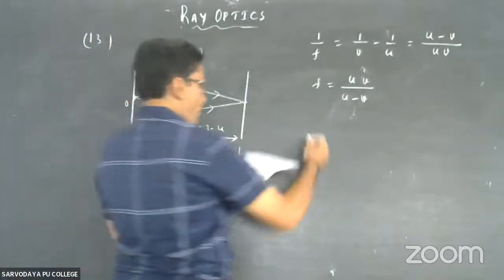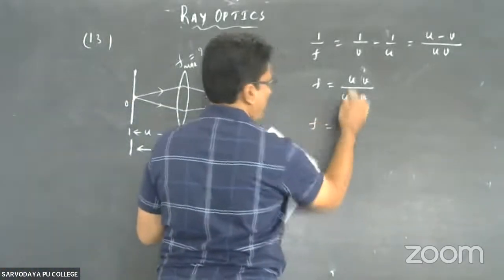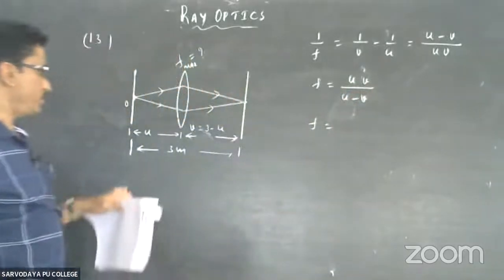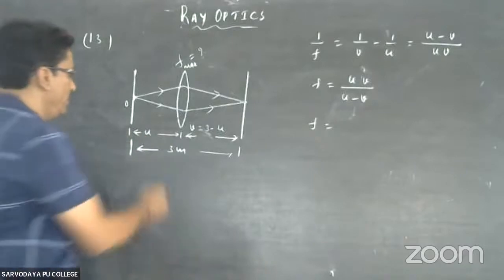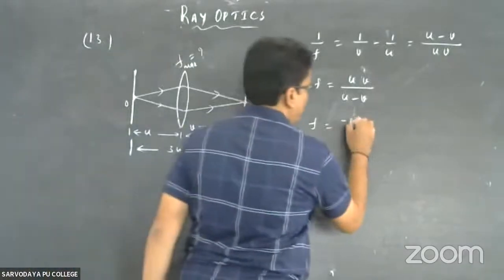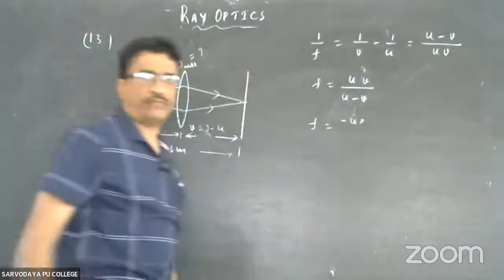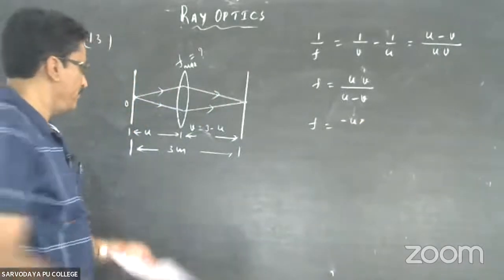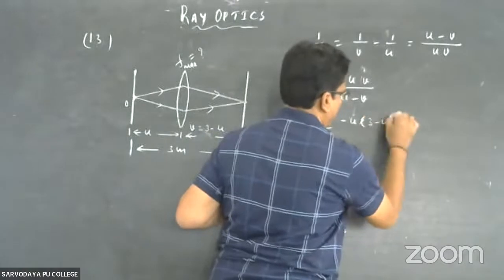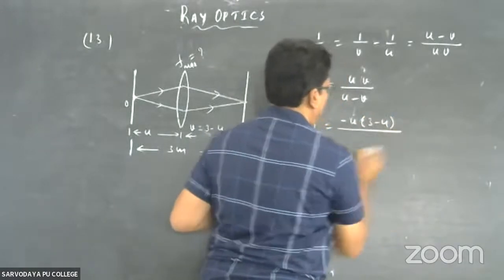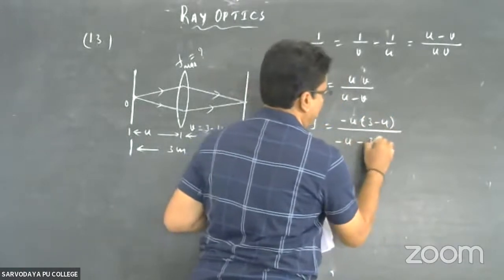Now, focal length f is equal to, but once you consider this u, it has to be negative. Take the same convention. Therefore, minus u into v. What is the value of v? 3 minus u, divided by minus u minus (3 minus u).